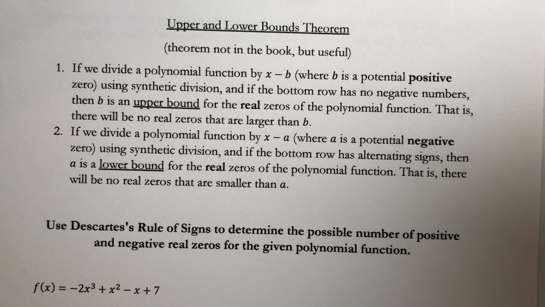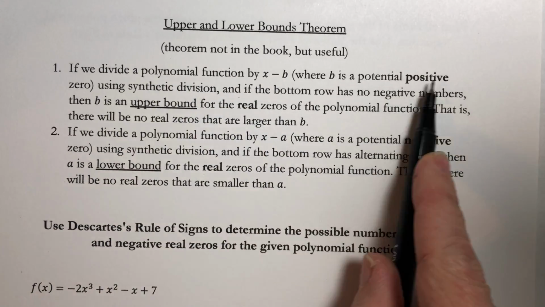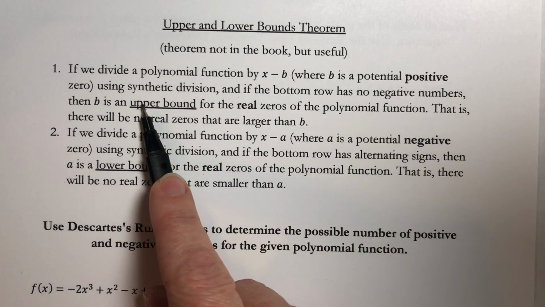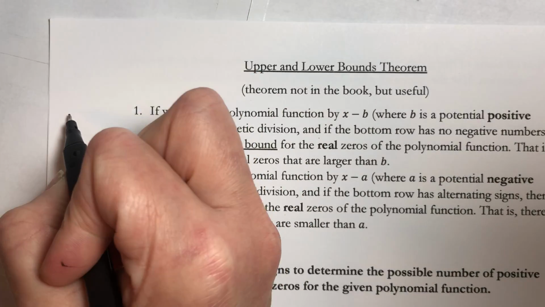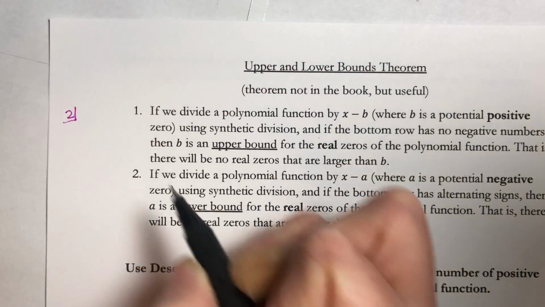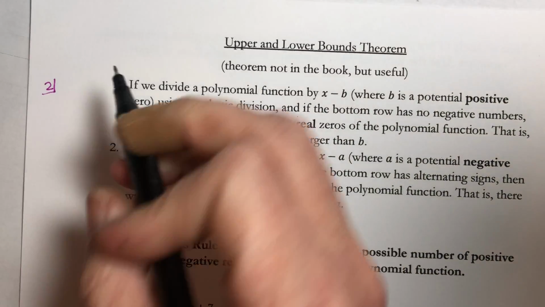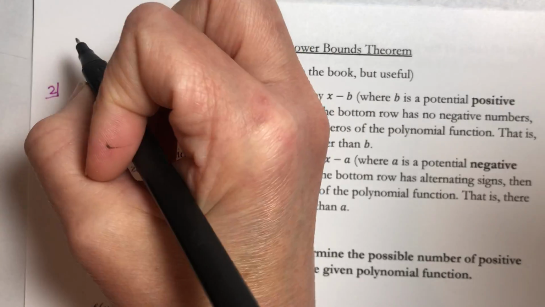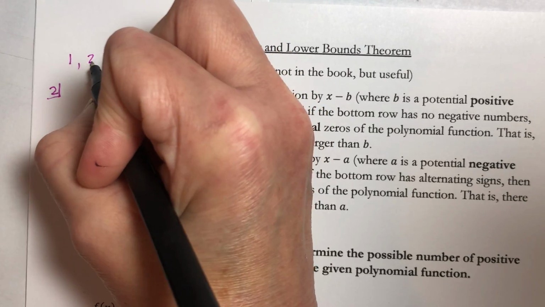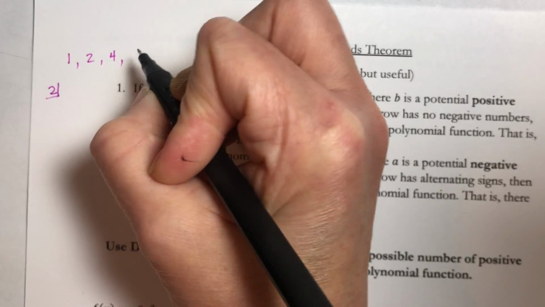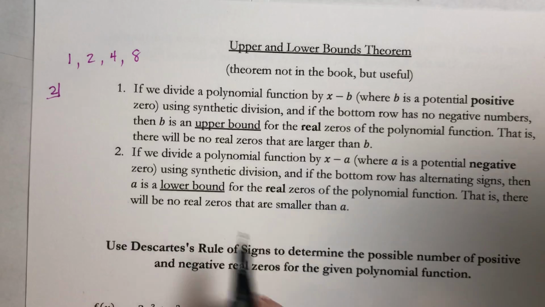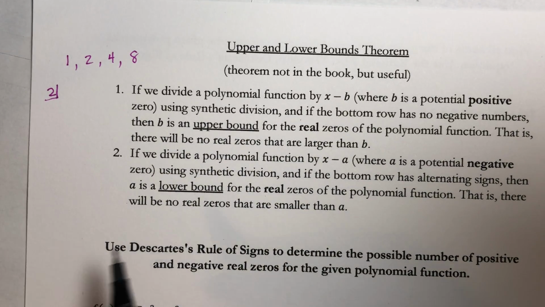So, for example, if we are testing a potential positive zero, so let's say I'm testing positive 2. And say my positive possible answers are 1, 2, 4, and maybe 8.